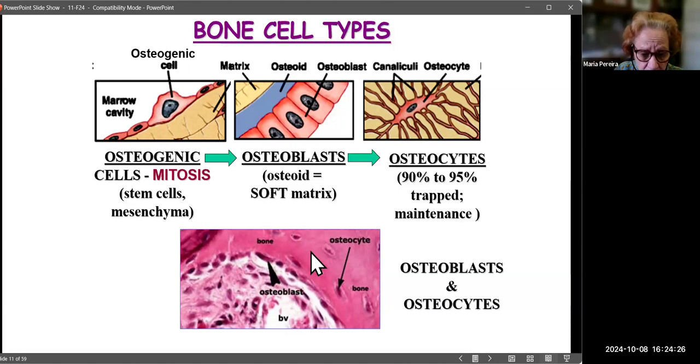So here you see a histological preparation of the bone tissue, and you see the osteoblasts here, and then they will produce the osteon. Once the osteon becomes calcified, then the osteoblasts transition to osteocytes and become trapped in this calcified matrix.